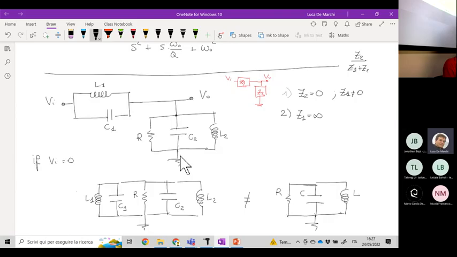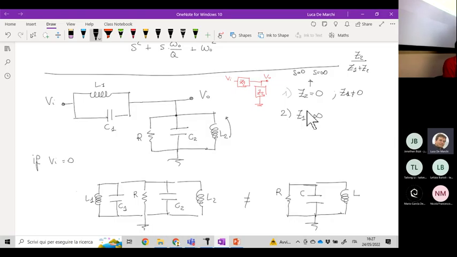This could happen in two ways: when s is null, so at zero frequency, because at zero frequency L2 is a short circuit, or when s is infinity, because at infinity the capacitance is a short circuit.